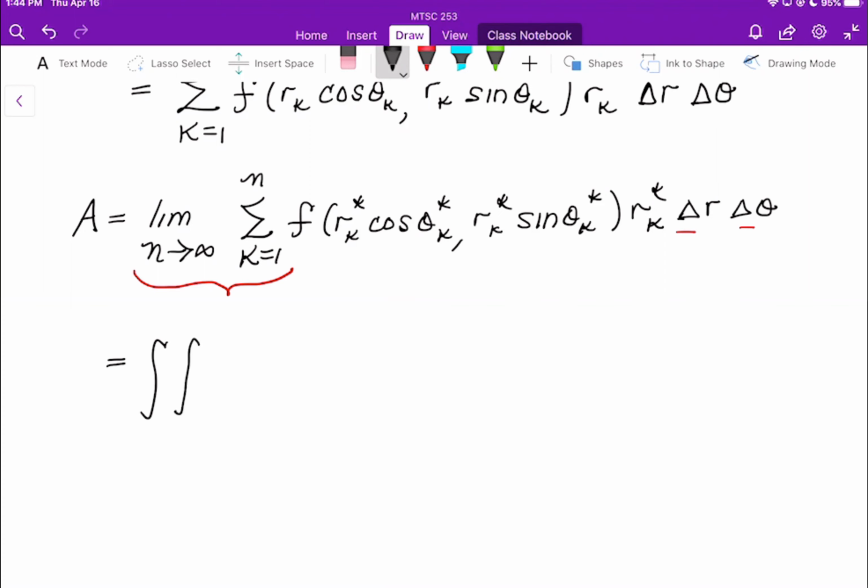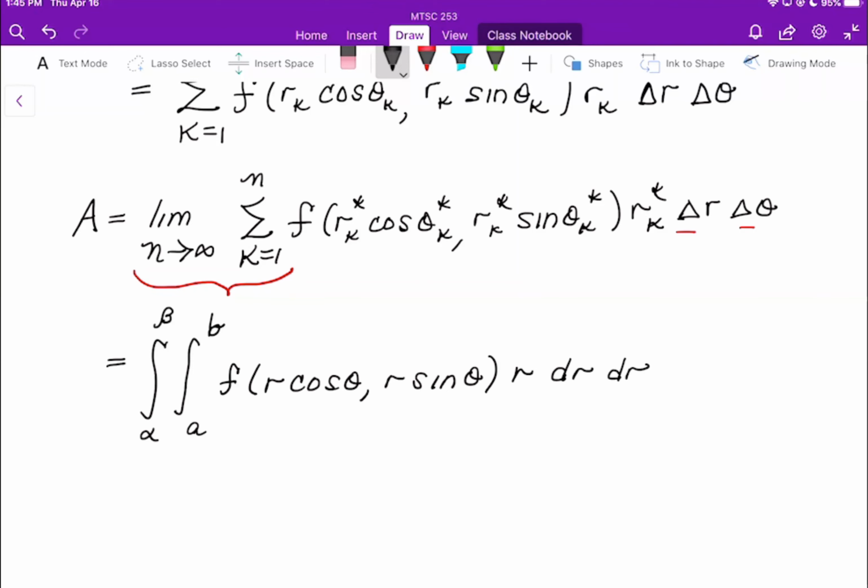So I have a double integral, where r goes from a to b, and theta goes from alpha to beta. This becomes f of r cosine theta, r sine theta, r dr d theta.